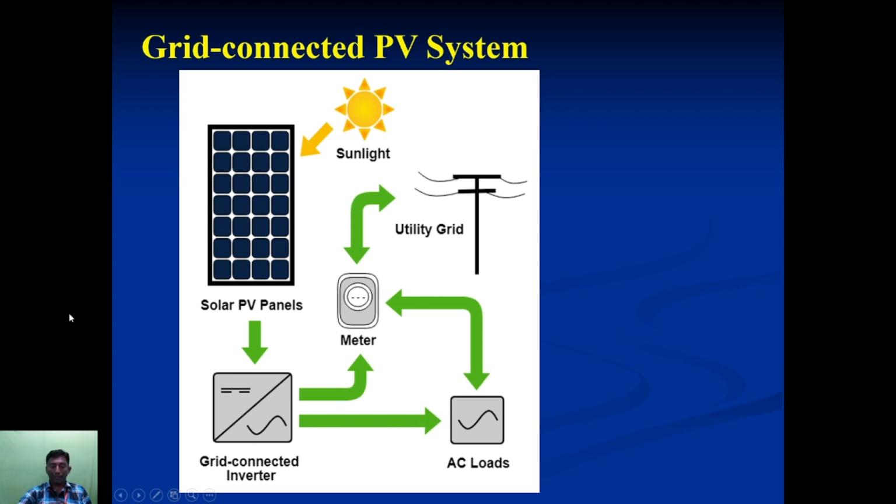Another thing, if we generate an excess amount of electricity, that electricity is fed to the utility grid through the meter. That meter is known as a net meter. In practical terms we call it a net meter.